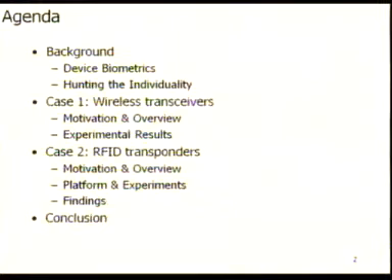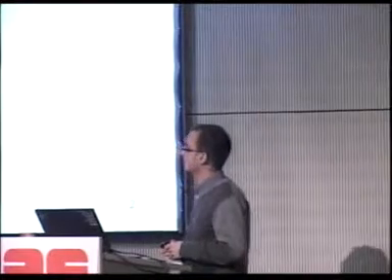So what I will do first is some background about device biometrics, which means: can we find biometrics about network devices, any kind of devices? And then what is the meaning of hunting the individuality, why do we need this, and so on. Then I will have two use case studies. The first one is about identifying uniquely wireless transceivers.